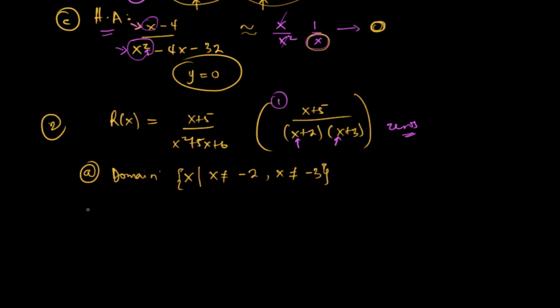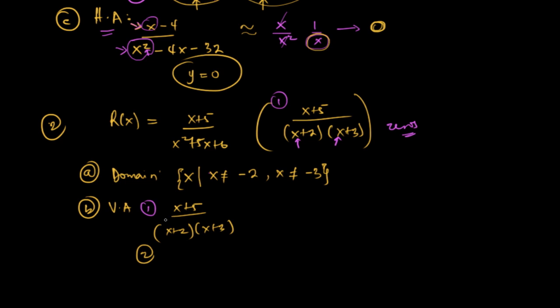So the next one, we want to find the vertical asymptote. To find the vertical asymptote, we said the very first thing is you reduce the rational function to its lowest terms. So what we have here is x plus 5 divided by x plus 2 into x plus 3. Looking at the numerator and the denominator, nothing cancels out, so that implies that the rational function is already in its lowest terms.